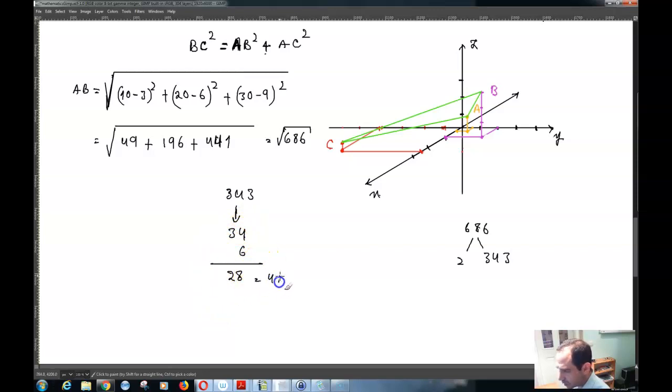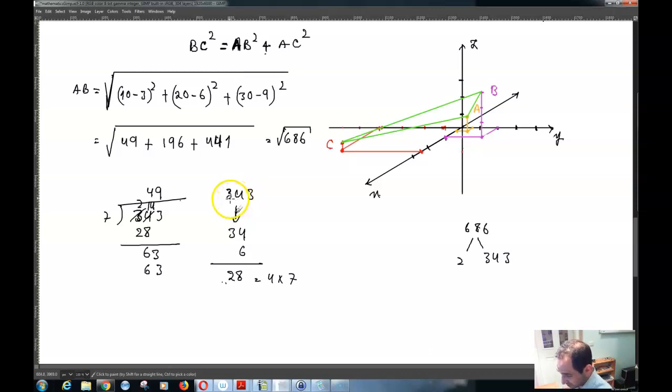So 28 is divisible by 7. That means that 343 is divisible by 7. 343 divided by 7, you will get 4 times 7 is equal to 28, and then 14, 63, and 9 times 7 is equal to 63.